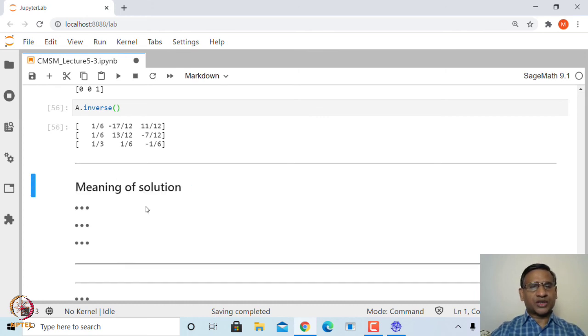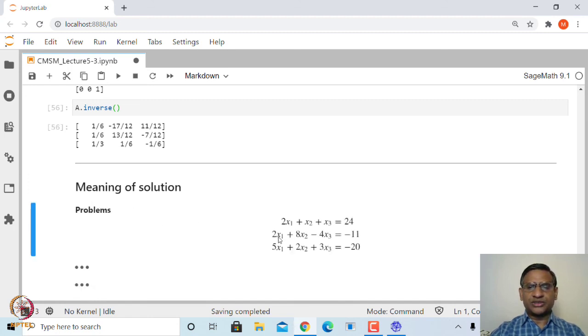Next, let us look at just another way of visualizing this solution of a system of linear equations. Suppose we have this system of linear equations, 3 equations in 3 variables.